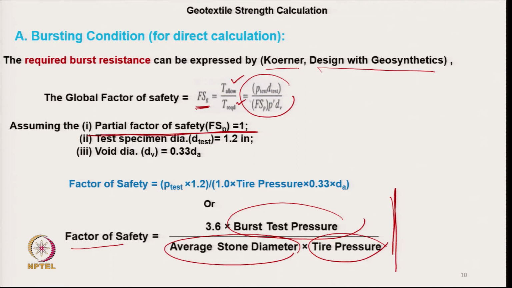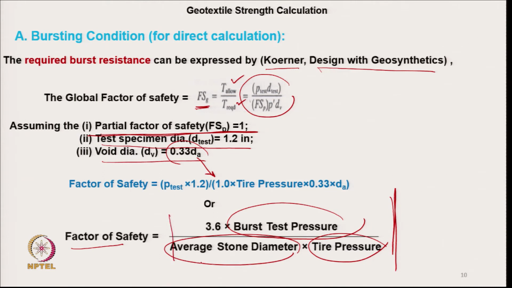He has assumed the partial factor of safety is 1, the test specimen diameter is a standard 1.2 inch, and the void diameter is 0.33 times dA, and using the same equation we can get this value.